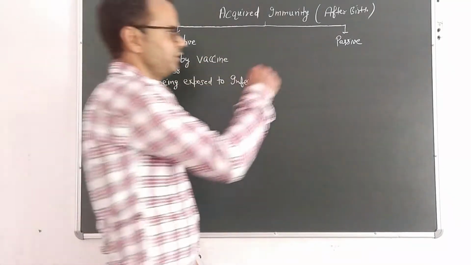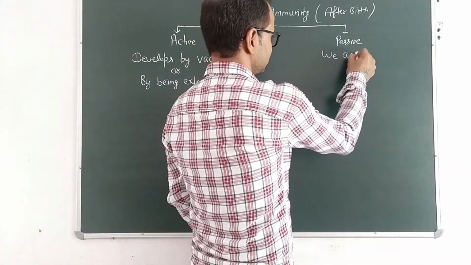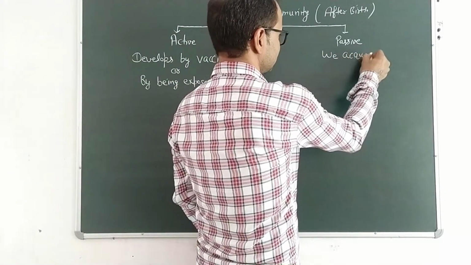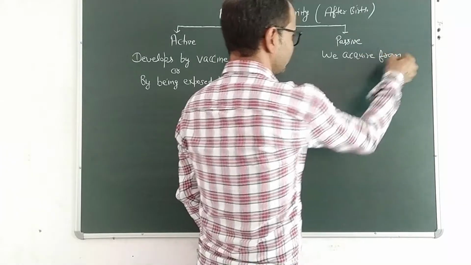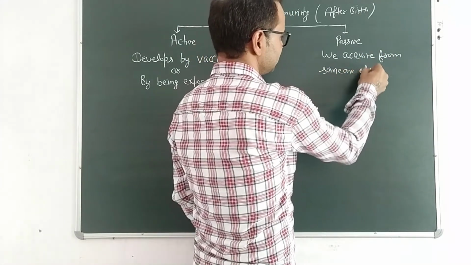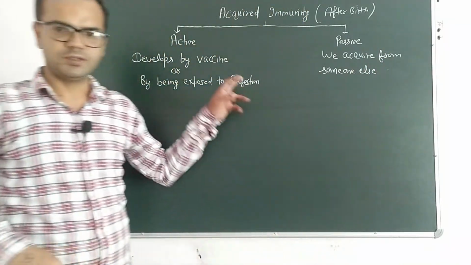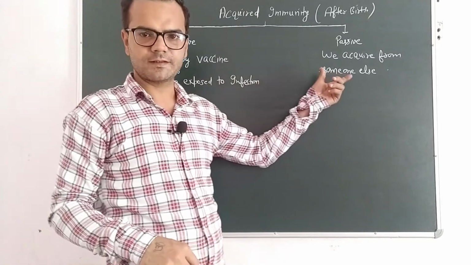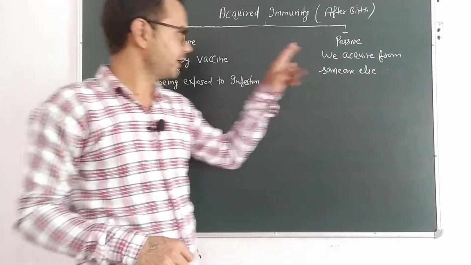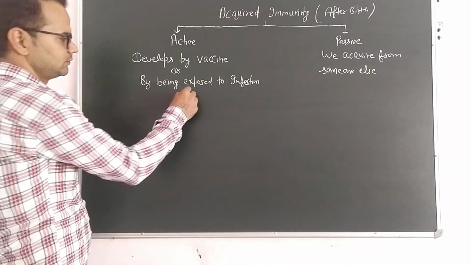Passive, which we acquire from someone else, the immunity which we acquire from someone else. Now active and passive are both divided into two types.